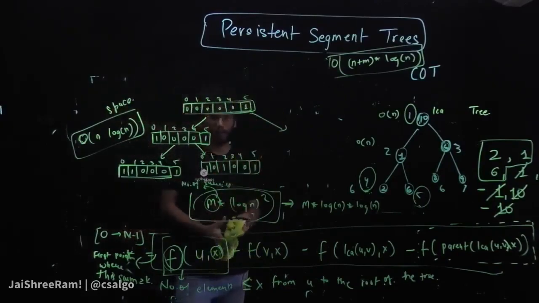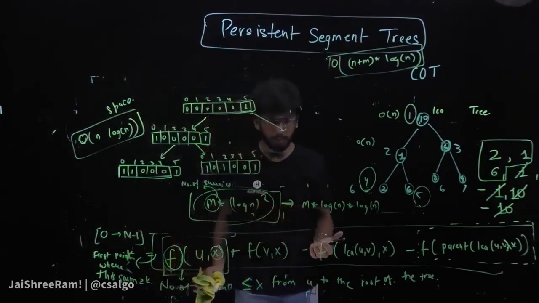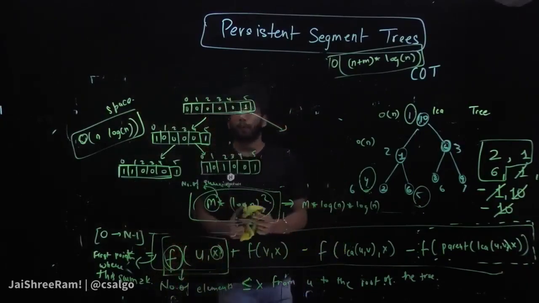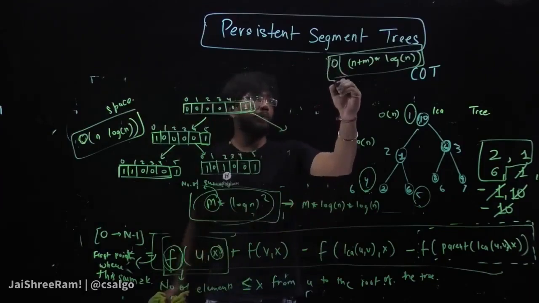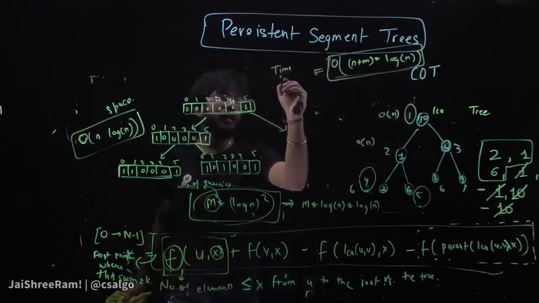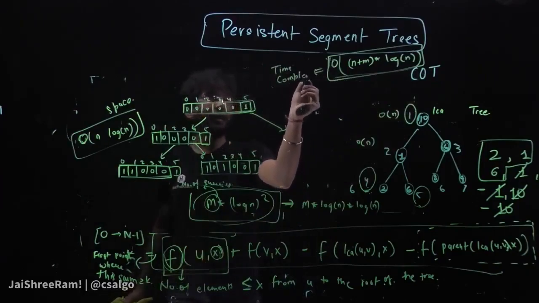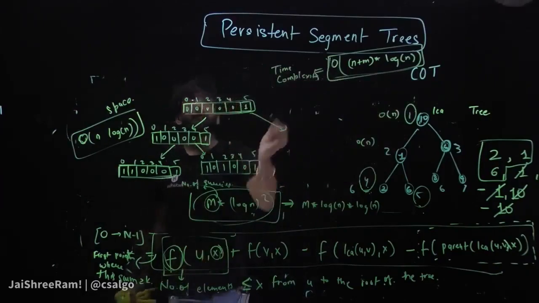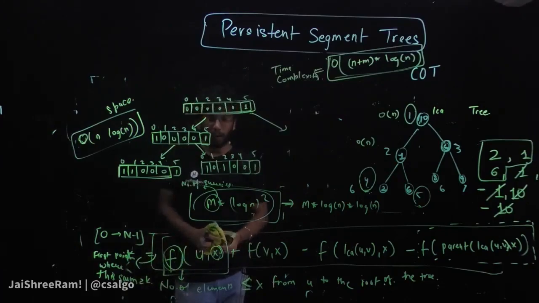Cool. n plus m log n is the time complexity for our solution. I'll write it again, this is the time complexity. This is the desired complexity, and it is the complexity in which we can easily solve it.